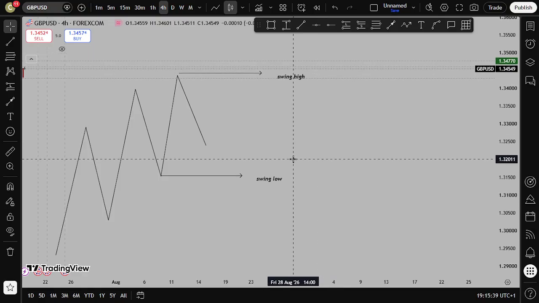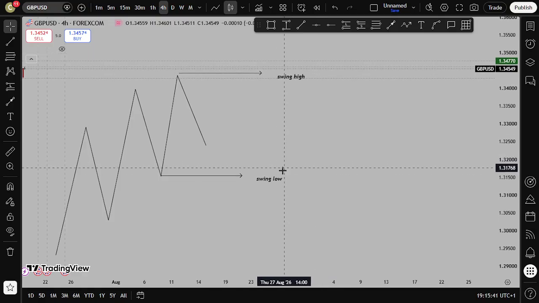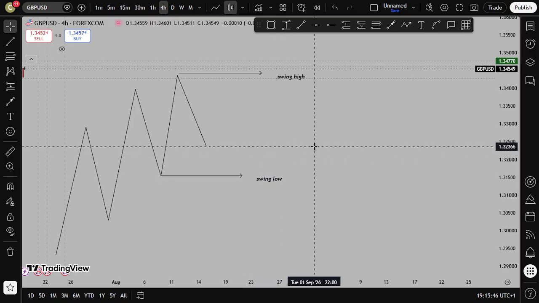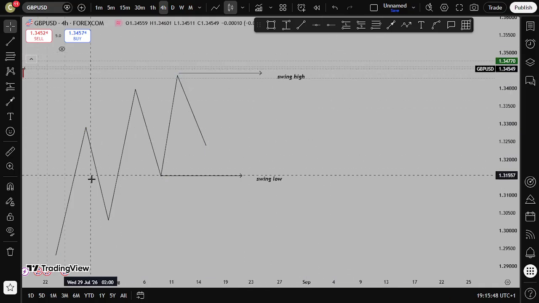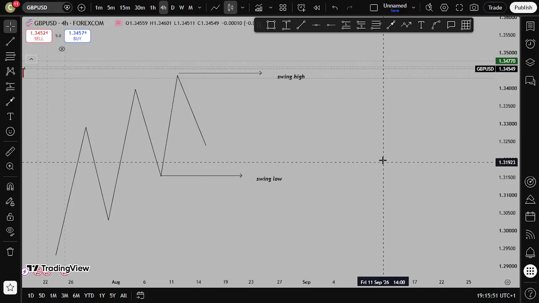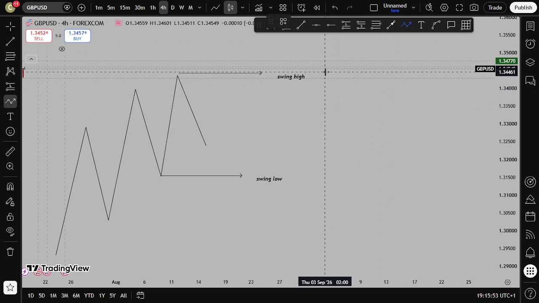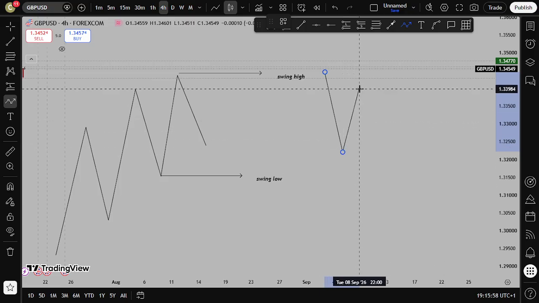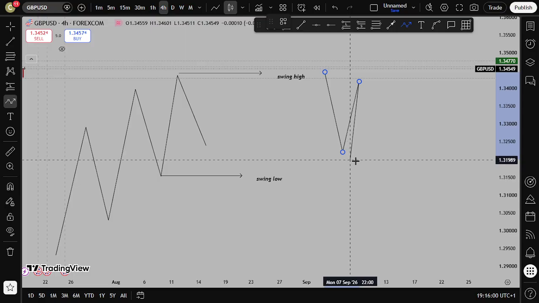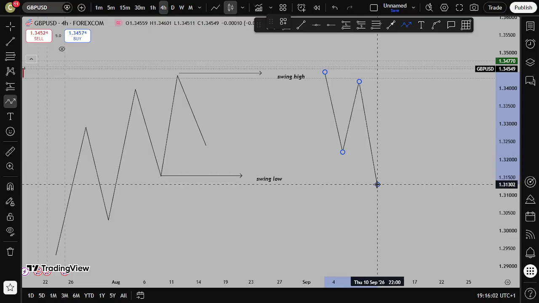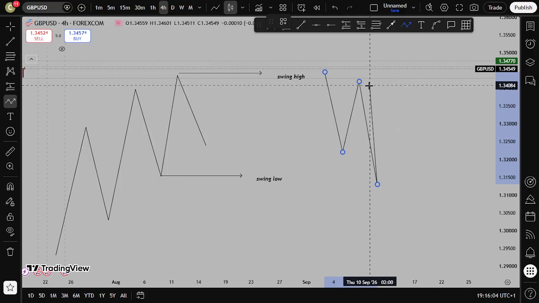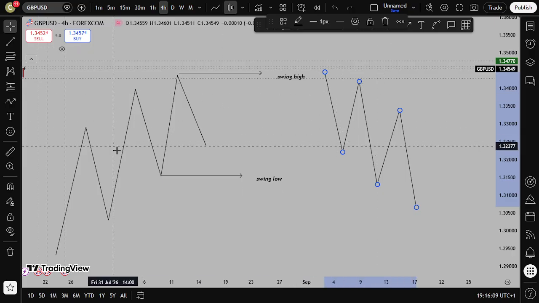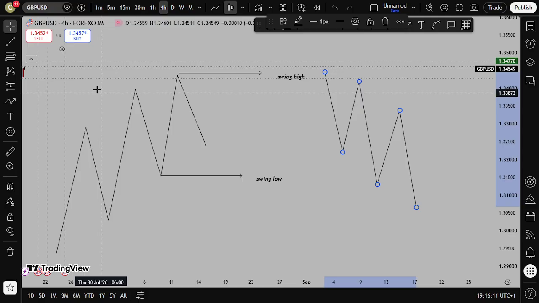Wherever price turns, if it's turning upward, it's a swing low; turning downward, a swing high. It applies both when price is moving up and when price is moving down. Price turned upward here, swing low. Price turned downward here, swing high. It continues like that. All these turning points are called swing points.